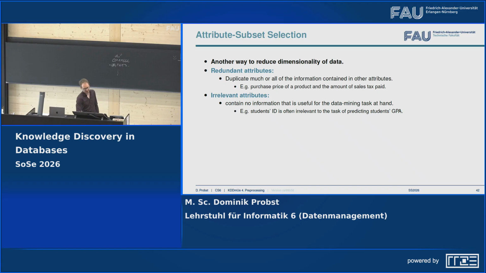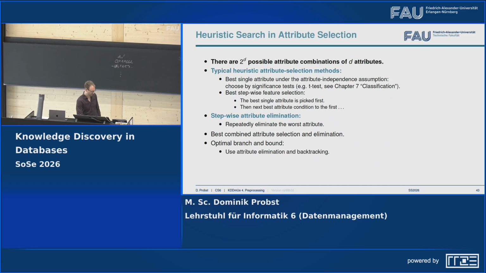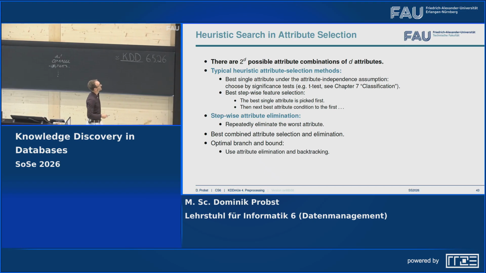Yeah. Okay. Of course, we can do attribute subset selection holistically as well, where we can simply take a look at every possible combination of attributes and try to find the best combination, and also removing attributes step by step, repeatedly eliminating the worst attribute.